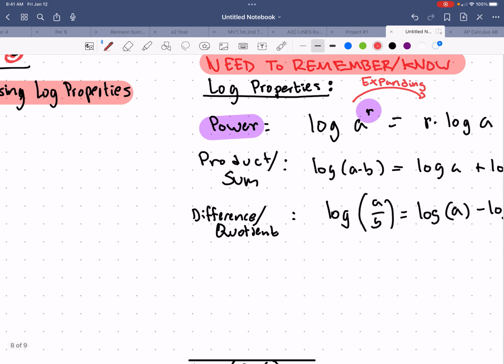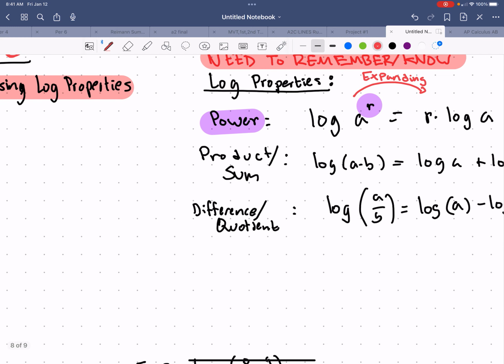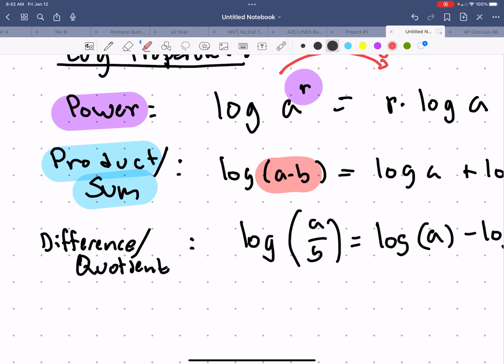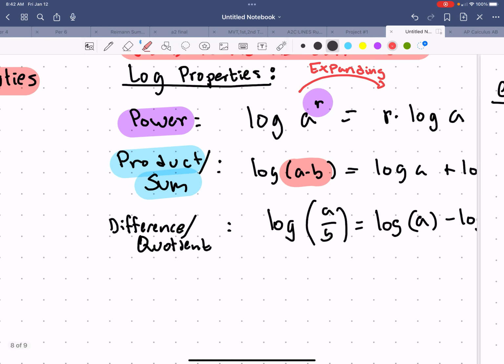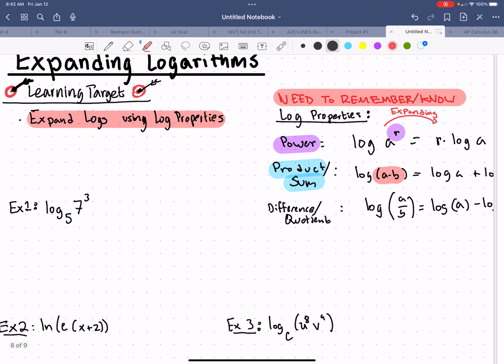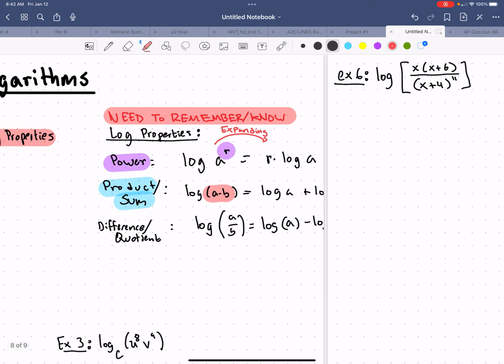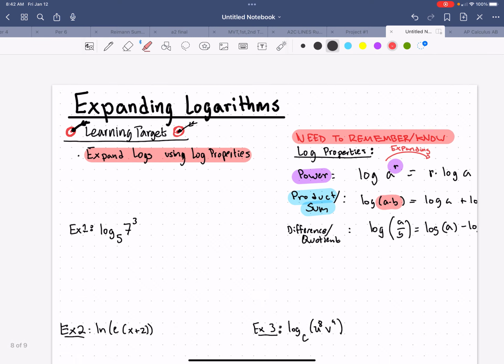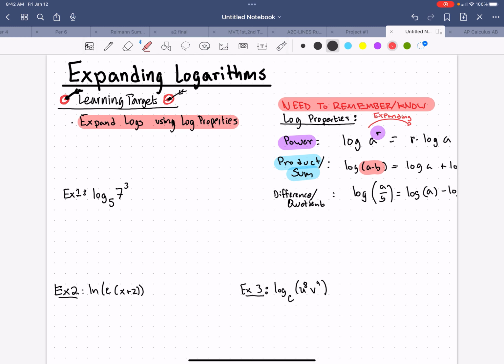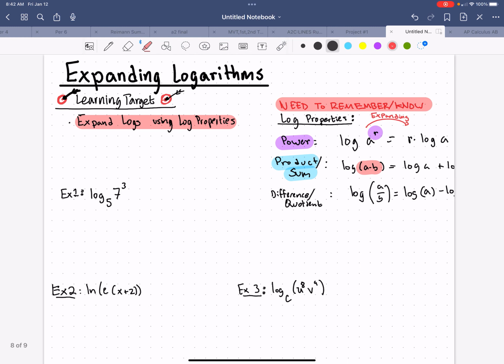After that, we have the product sum rule. I don't really remember the names, but it's the product rule, because whenever you're multiplying any two logs... Why is this stuck here? All right, so I'm sorry, guys.